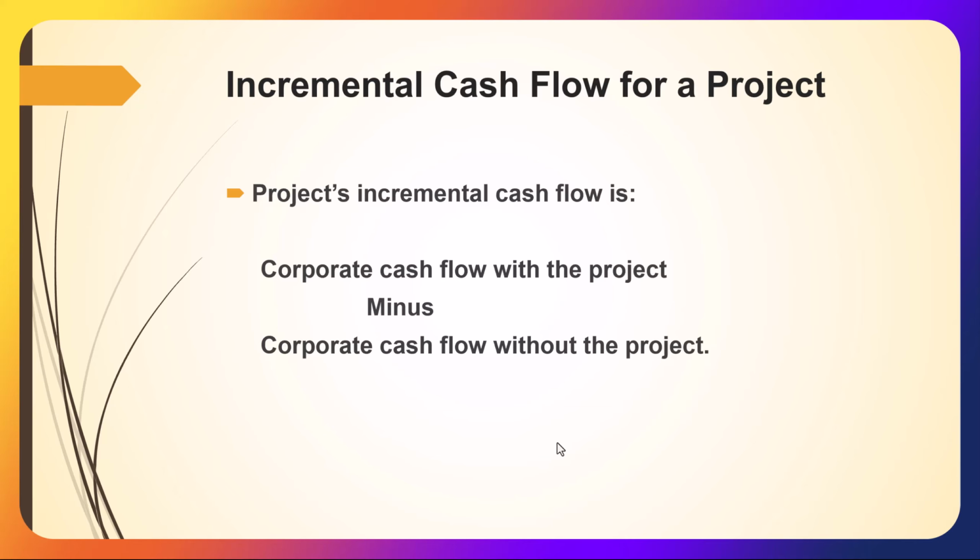Now, if we're adding a business, or we're replacing assets, we already have a business in place, we'll have cash flows of the company with the project, and we'll have cash flows without. So we're actually going to have to forecast two sets of cash flow statements.